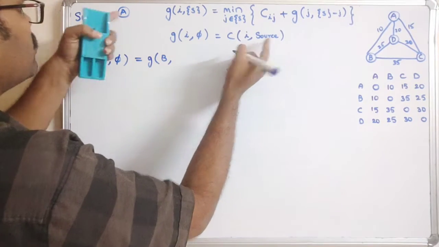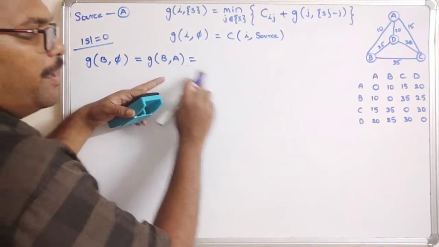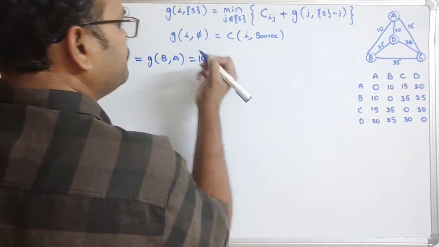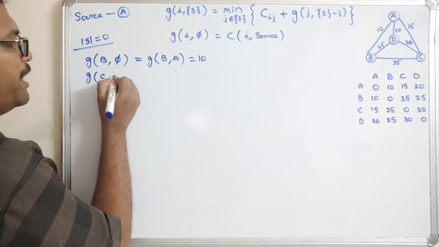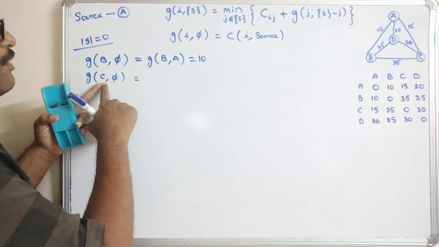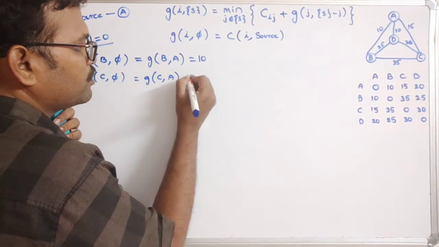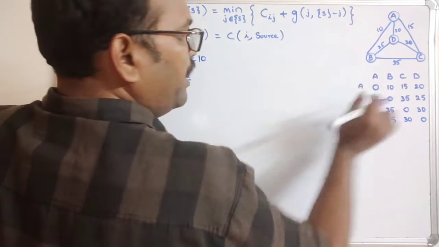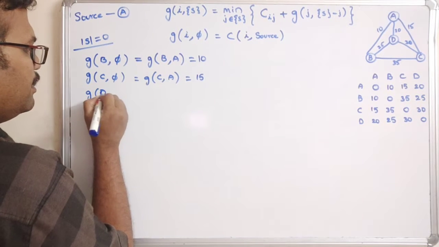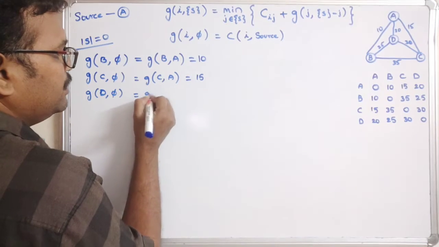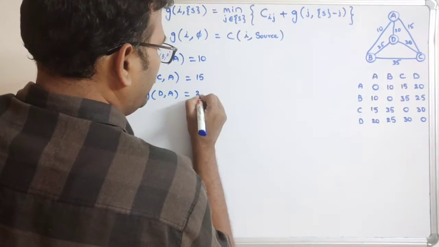B, comma, what is the source? A. So what is the cost here? B to A, it is 10. Similarly, there is a possibility of C with no element. So G of C comma source, which is nothing but C to A, it's 15. Similarly, G of D comma pi, G of D comma A, which is DA, it's 20.